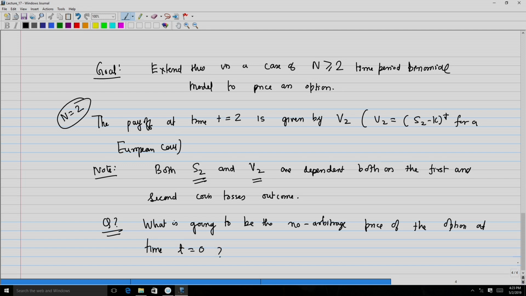Please bear in mind that whenever you are talking about the price of an option, it is customary to refer to it as the price that the buyer of the option pays at time t equal to 0, and subsequently when you talk about the evolution of the price of the option over a period of time, it will be specified that it is the price of the option at that particular intermediate time period, but unless otherwise stated, the price of an option will always mean the price of the option at time t equal to 0 when the option was initiated.